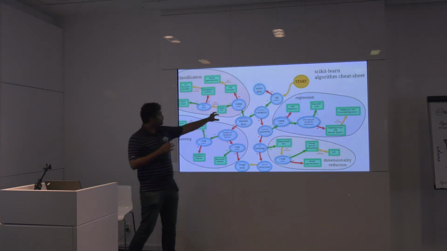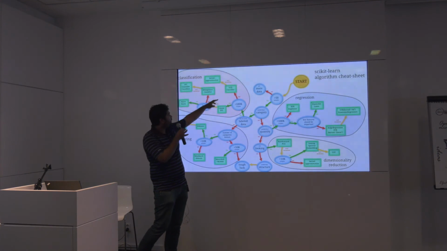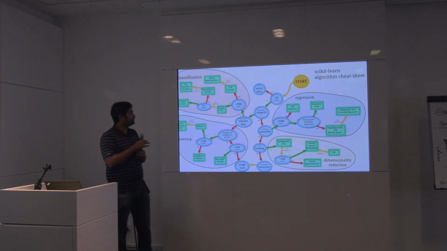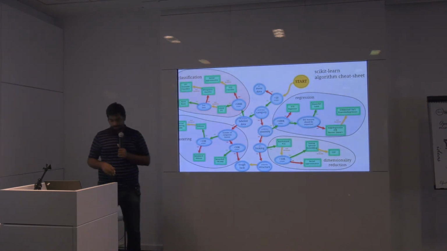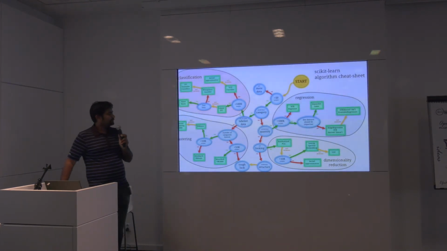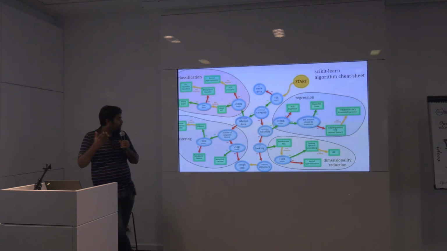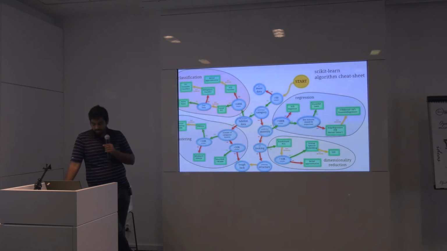Then there are a bunch of models that you can try out: SGD classifier, linear SVC, k-neighbors classification, and so on. So this gives an overview of the supervised and unsupervised learning algorithms that are supported in scikit-learn. And most other frameworks, like Google machine learning or Microsoft Azure machine learning, support most of these algorithms, so you can plug them in and see which one works.